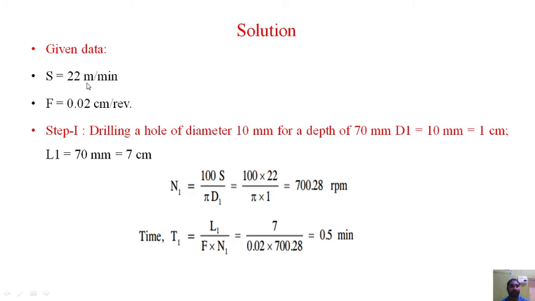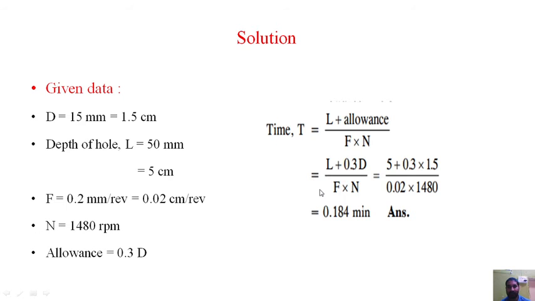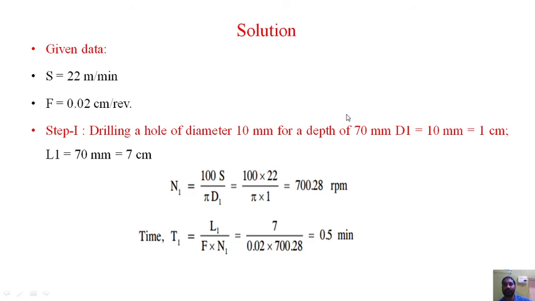The feed is given as 0.02 centimeter per revolution and the cutting speed as 22 meter per minute. Drilling a hole of diameter 10 mm for a depth of 70 mm, that is 20 plus 50, 70 mm. So first step: diameter is 1 centimeter, 10 millimeter means 1 centimeter, and depth is 70 millimeter, 7 centimeter. N1 is 100 S by pi D1.